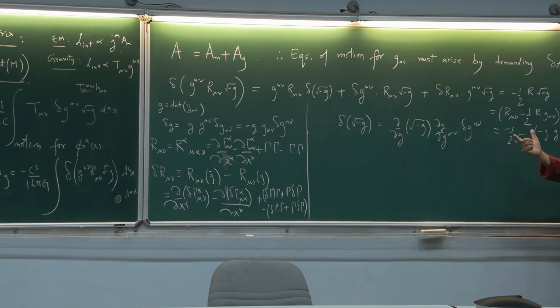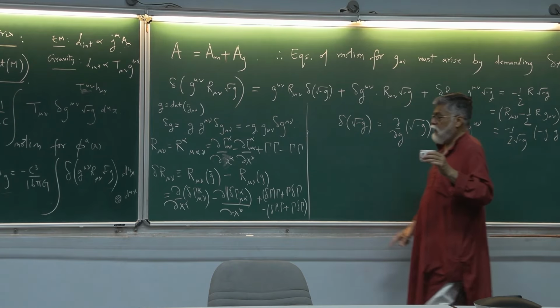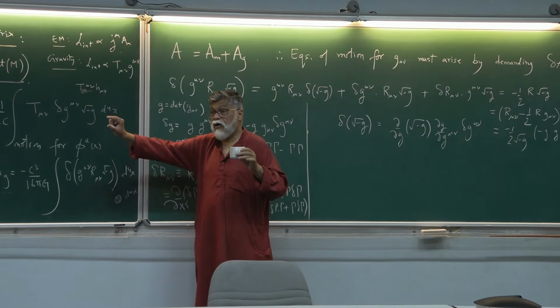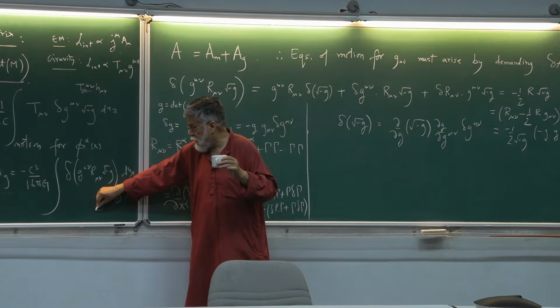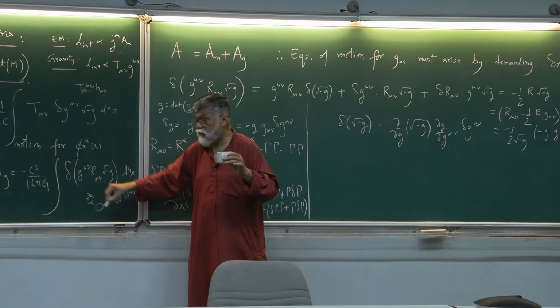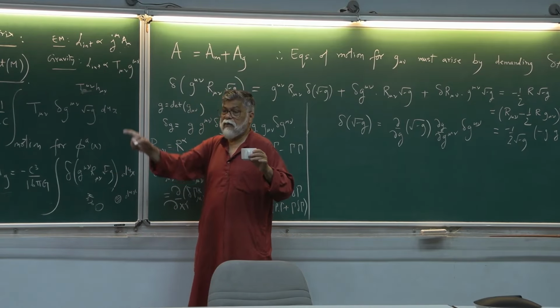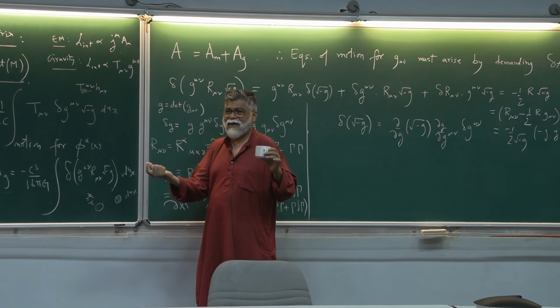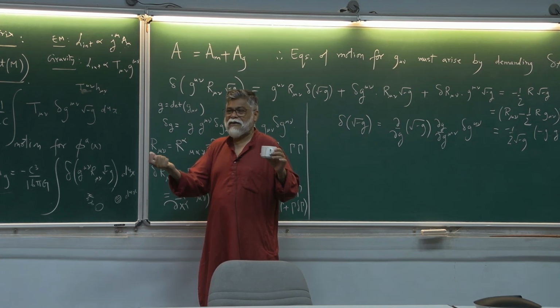It's a scalar quantity, so it doesn't matter in which frame I evaluate, and I will evaluate it in the local inertial frame. But of course, this is a whole integral. There will be another volume element, d4x prime. There also I will use another local inertial frame. It's a scalar quantity. It doesn't matter in which frame I evaluate.